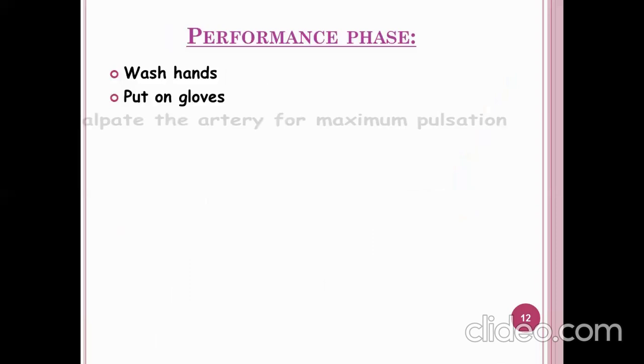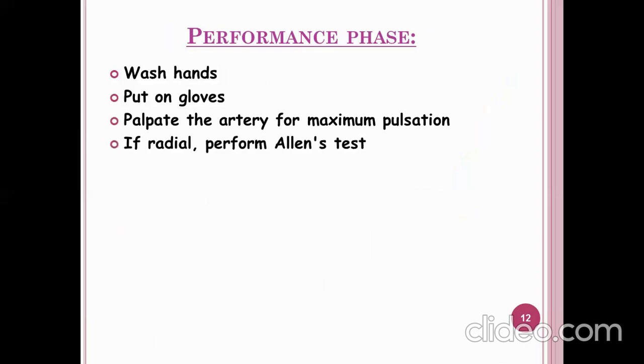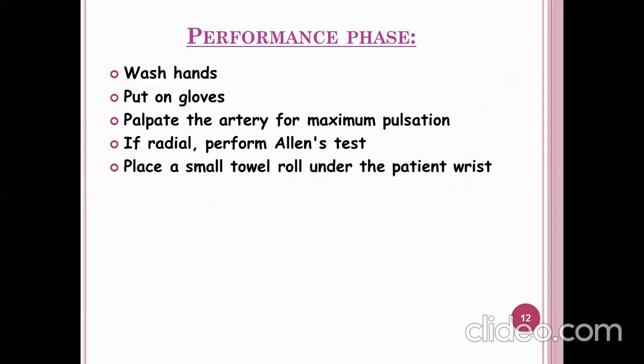Now the performance phase. First, we have to wash our hands, put on gloves, and palpate the artery for maximum pulsation. If the choice is the radial artery, you have to perform Allen's test. Place a small towel roll under the patient's wrist. It will support the wrist while collecting blood.